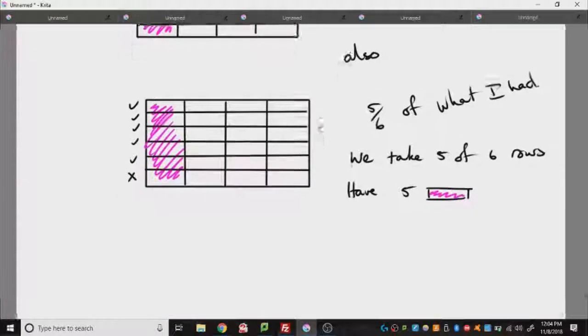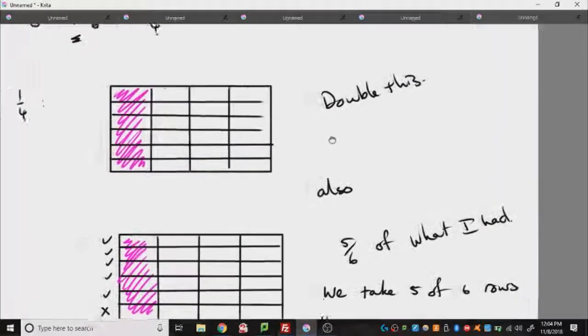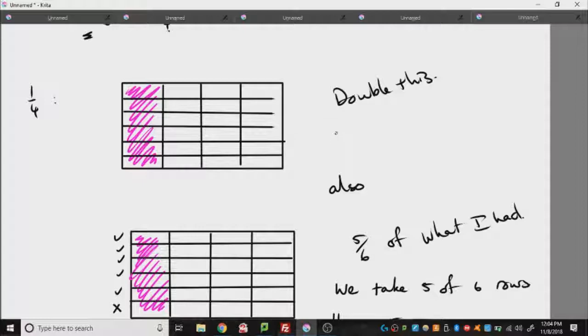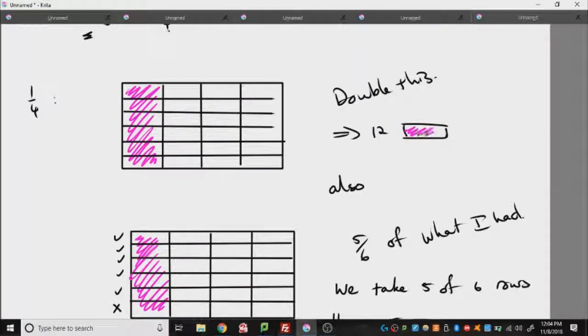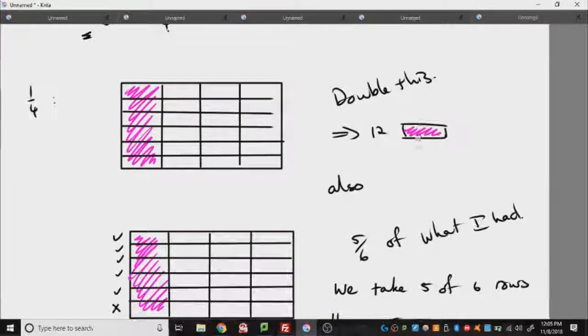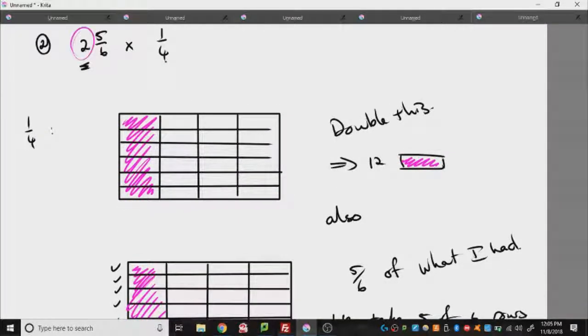So, what do we have? So the doubling here would mean we have 12 pieces. Because of the 2, I'm doubling 1/4. Each quarter is 6 of those little pieces.